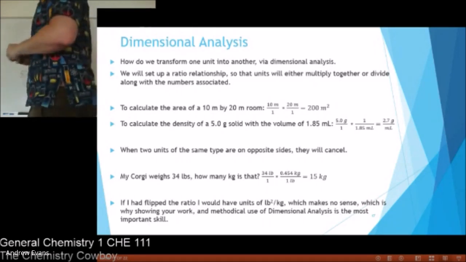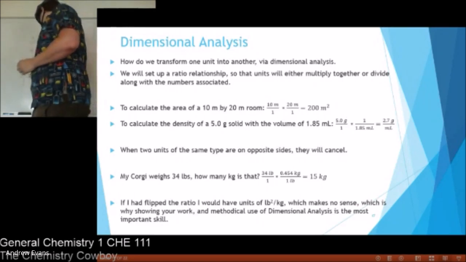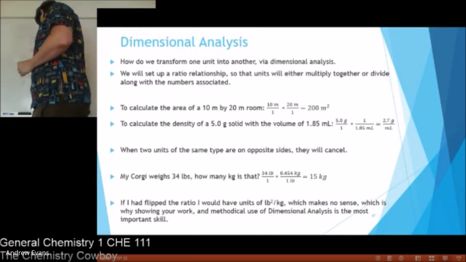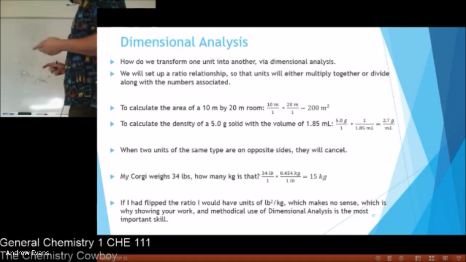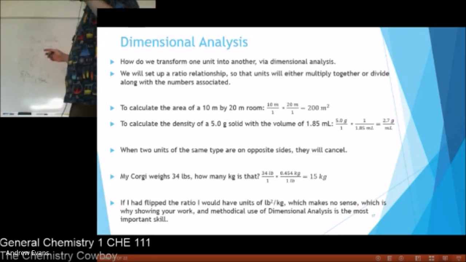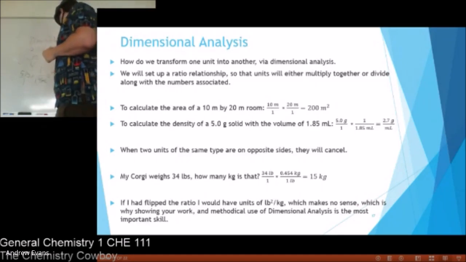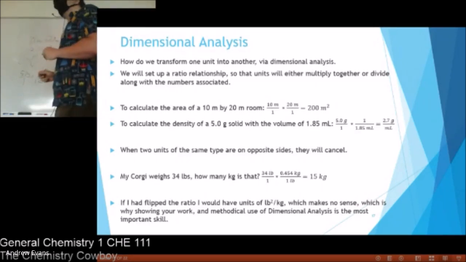When I divide it by the volume, 1 over 1.85 milliliters, well, the numbers divide just fine. You get 2.7. But the units do not divide because grams are different from milliliters.